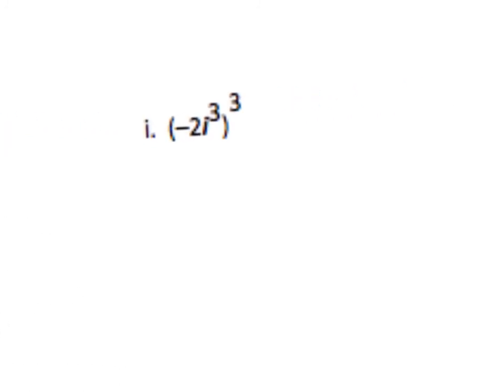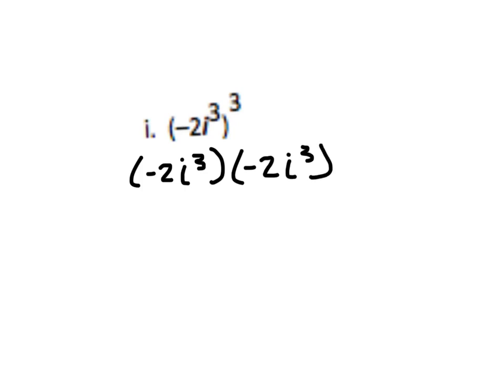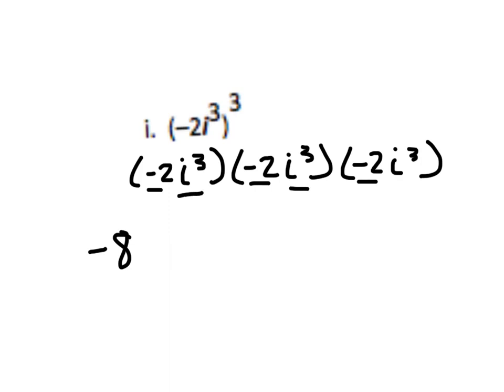All right, last one, I. So I have negative 2i to the 3rd, all to the 3rd. So I have negative 2i to the 3rd, negative 2i to the 3rd, and negative 2i to the 3rd. So I multiply negative 2 times negative 2 times negative 2, which is negative 8. And then i to the 3rd, i to the 3rd, i to the 3rd, which is i to the 9th. So I have negative 8i to the 9th.